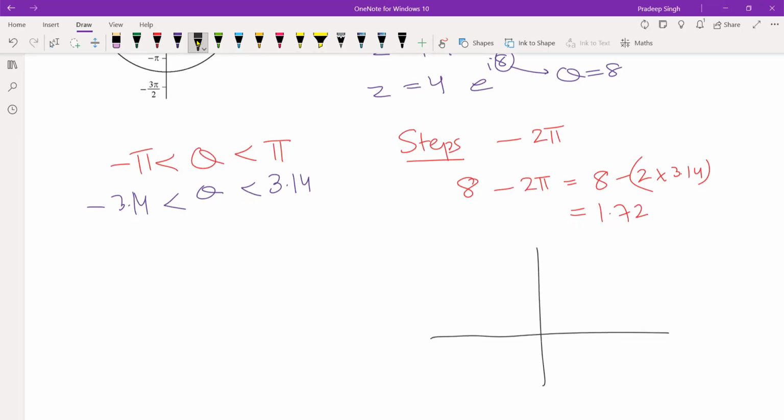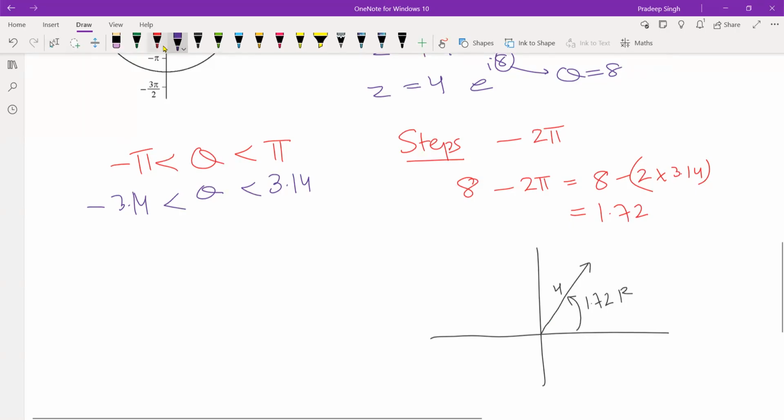We don't know as of yet which quadrant 1.72 is in. So randomly, let's say it is the first quadrant, hypothetically. So your complex number should have a length of 4 units at an angle of 1.72 radians. But we need to be careful. Will 1.72 radians be in the first quadrant, the second, the third, or the fourth? So how do we check that?